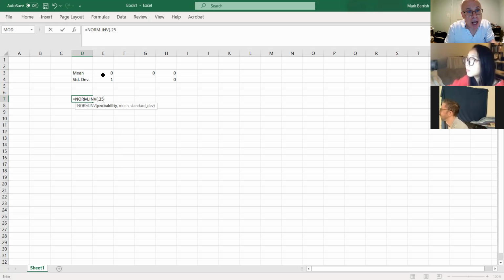Now, one thing I have to tell you is that if you're referring to these two cells here, make sure you put your dollar signs next to both the column letter and also next to the row number. So wherever you are on the spreadsheet, it will always refer to those cells, to the mean and standard deviation. I'll show you what I mean in a minute.